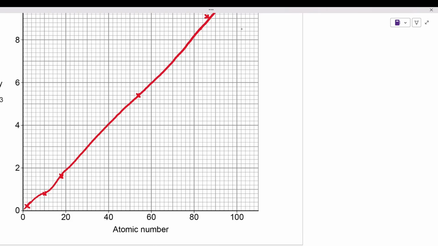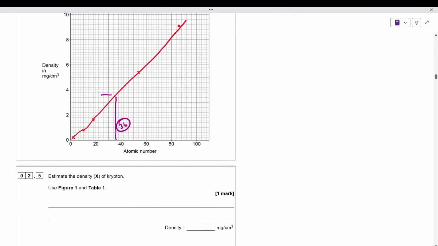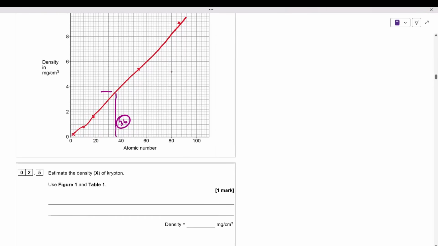Let me change my color pen. This is 30, 32, 34, 36. So 36 is along here, and if I go across, I am going to be somewhere about 3.6. So the estimated density based on my graph for krypton is 3.6.